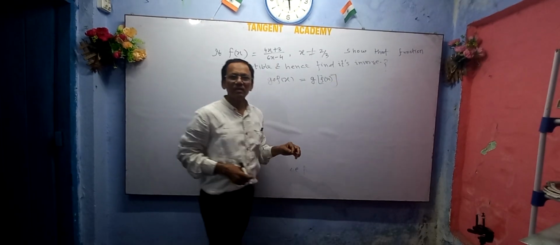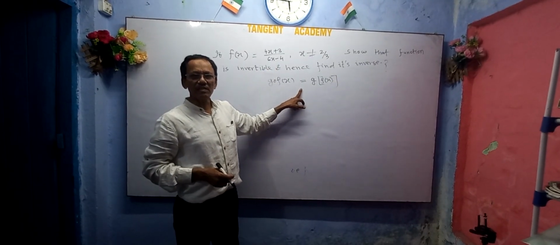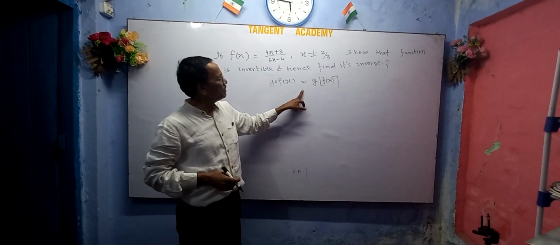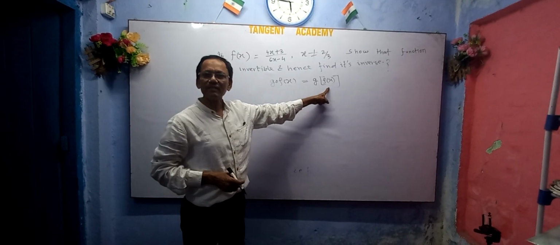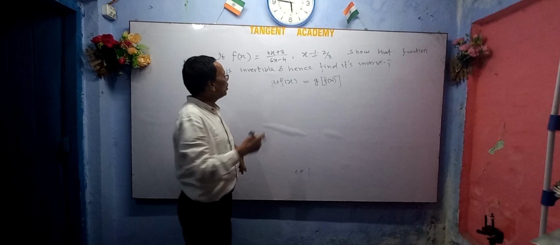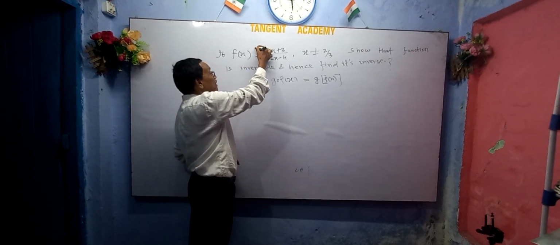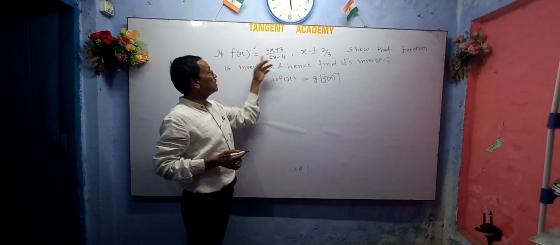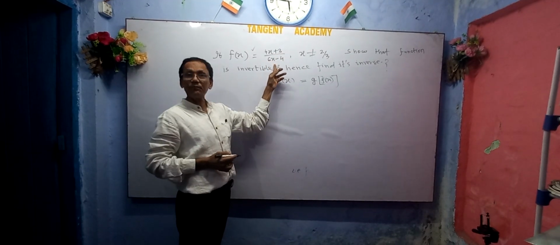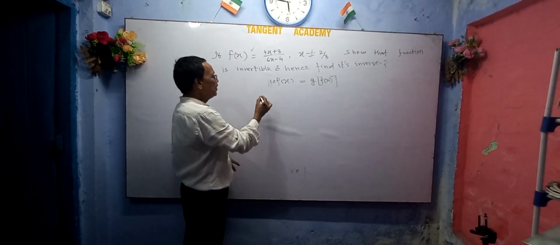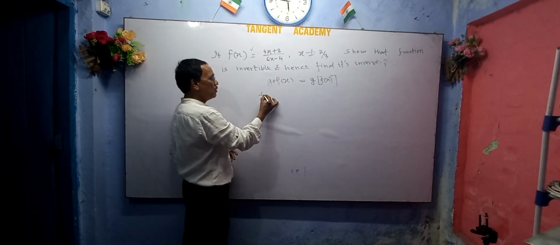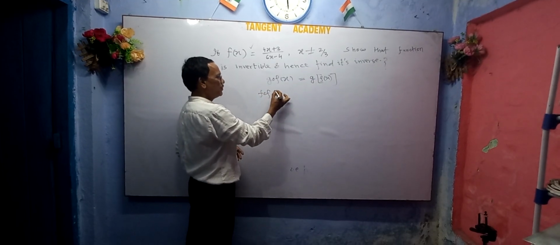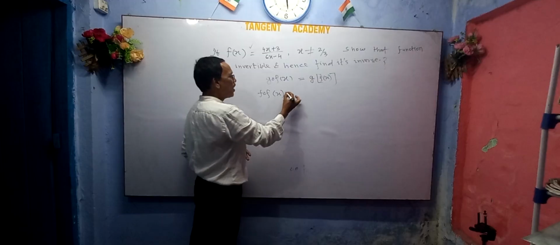That is, function g will be applied at the point f(x). In this case, the only function is f(x) equal to (4x plus 3) divided by (6x minus 4). So we are going to find f of f of x.